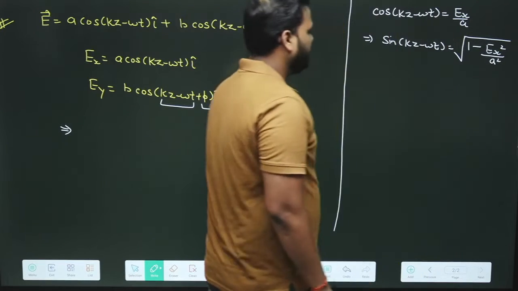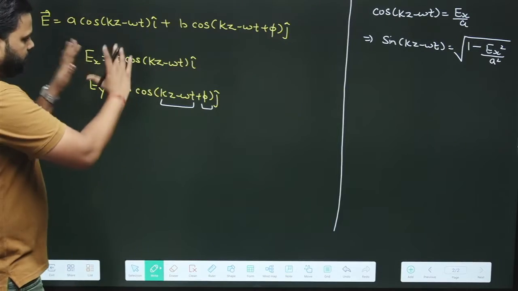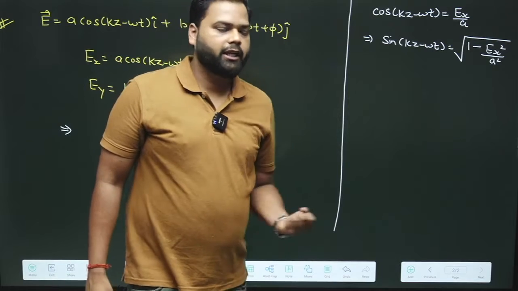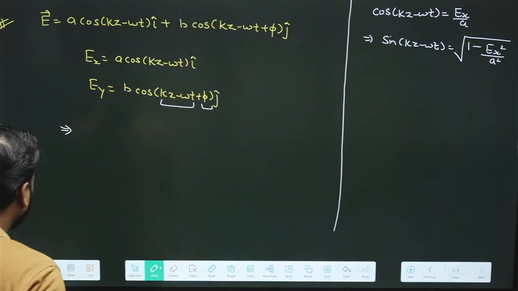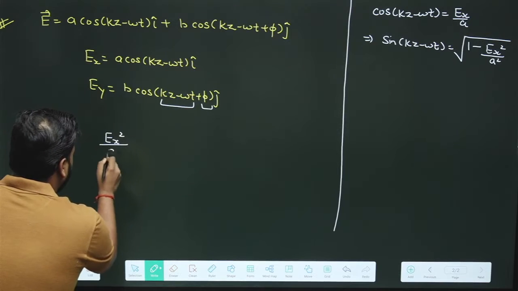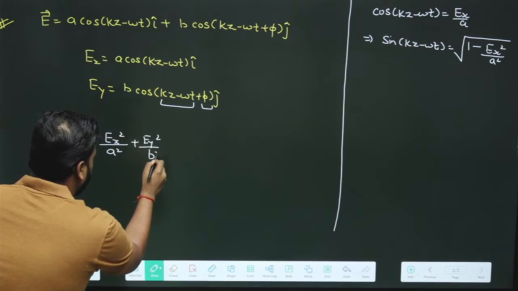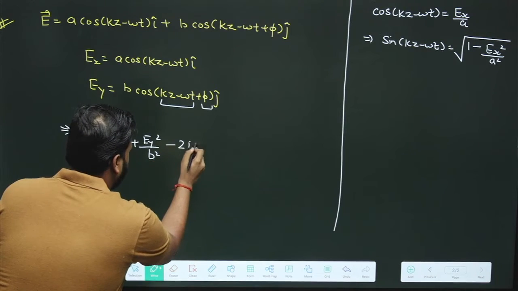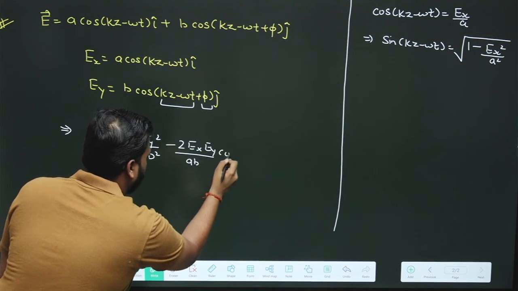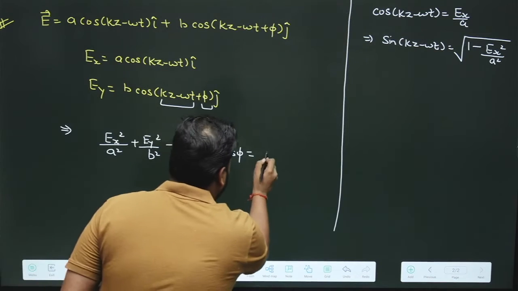Just expand from here, put the values of sine and cos, and finally you will arrive at a general equation which does not include the time. The equation is Ex square over A square plus Ey square over B square minus 2 Ex Ey over AB cos φ equals sine square φ.